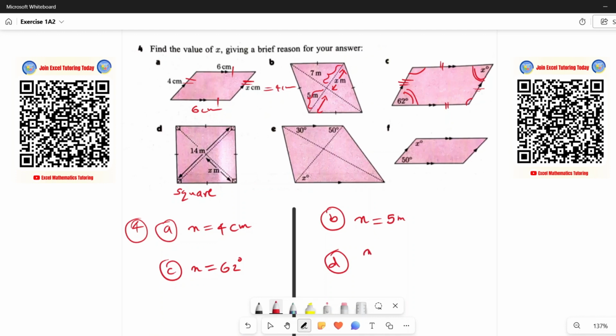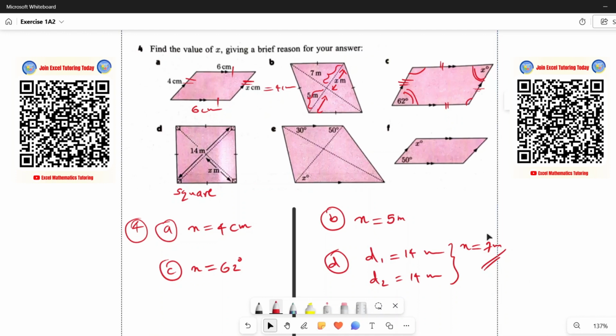So one of the diagonals here is 14 meter, which means the other diagonal is also 14 meter. So our x will be half of one of the diagonals, which is 7 meter. So that's the answer for the D part.